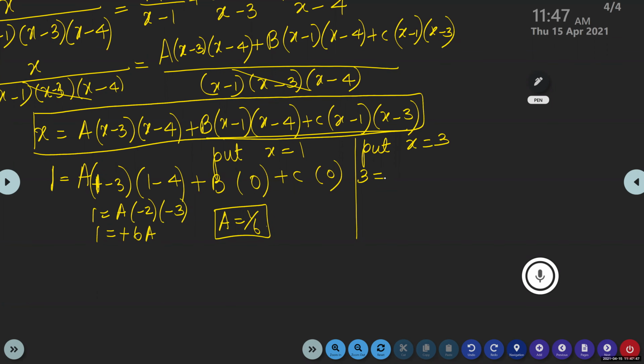3 is equal to A into 0 plus B into 3 minus 1 into 3 minus 4 plus C into 0. So we'll get 3 is equal to B into 2 into minus 1.